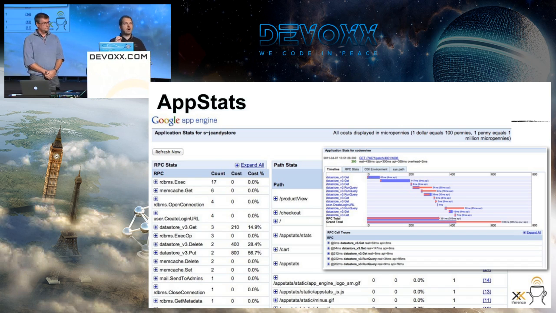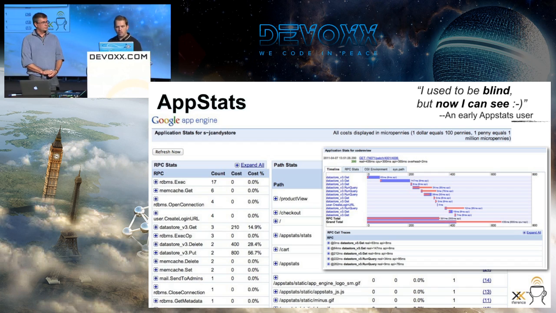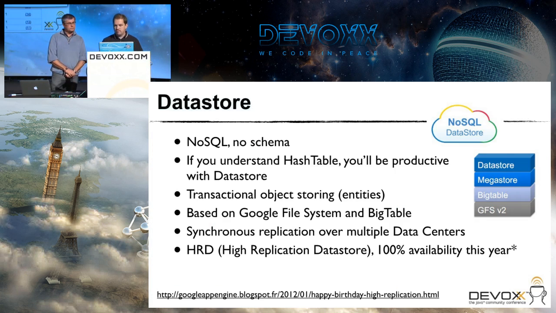And you can optimize based on costs. So maybe you want to cache things. Maybe you want to use different services, and you know exactly how much your service is costing you and where to optimize. And again, this is built in. And we have, I think, a number of very happy AppStats users.